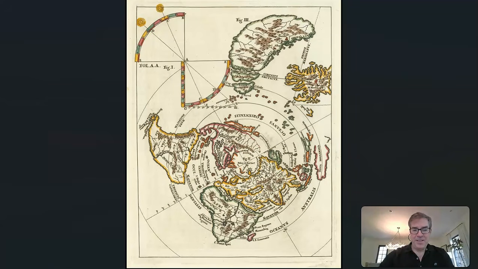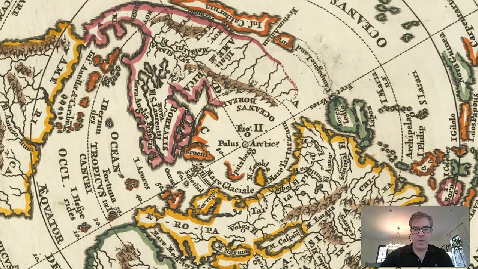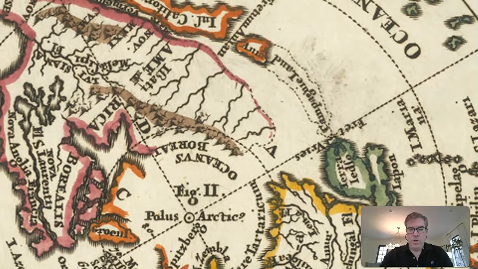We'll continue to look at some more maps, and this one's interesting. You can see here, this is looking at it from a polar map, and in this area here, you can see where the land of Jesus was now says camp land.